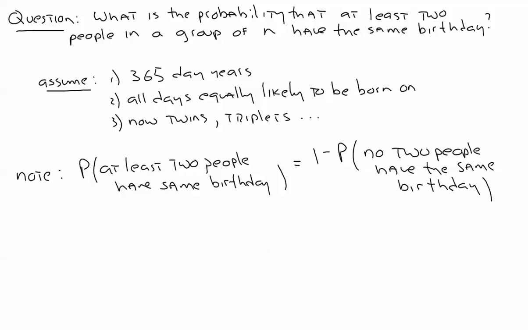So it's actually the probability that no two people have the same birthday that we're going to solve first, and then we'll eventually subtract that from 1 and answer the question we're after. Let's piece this together.